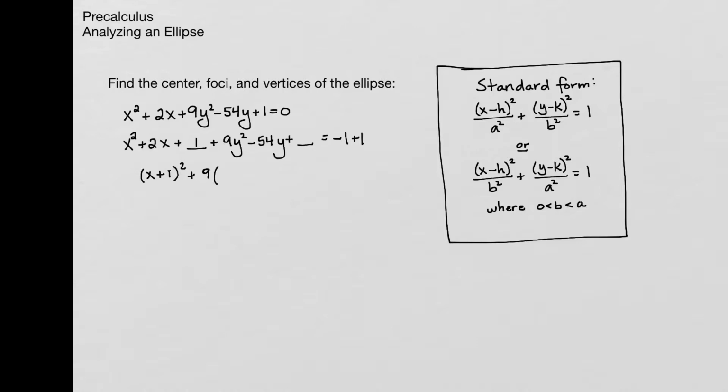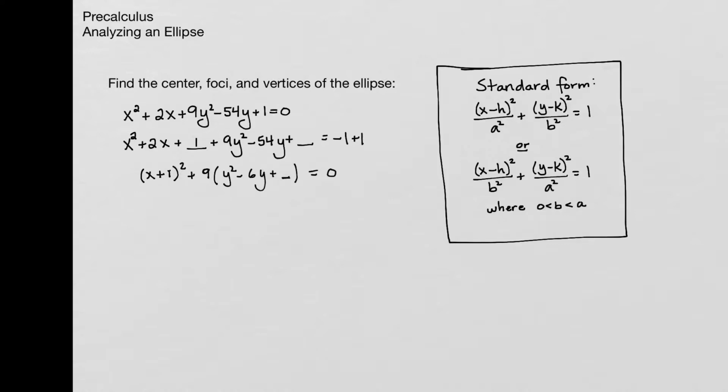The nice thing is that 9 divides into 54 evenly, but even if it didn't, I would still factor out a 9. So I'm not looking for a common factor. I need to factor out whatever the coefficient of y squared is. And I have y squared minus 6y plus a blank here, equals, and let's just go ahead and make that 0.